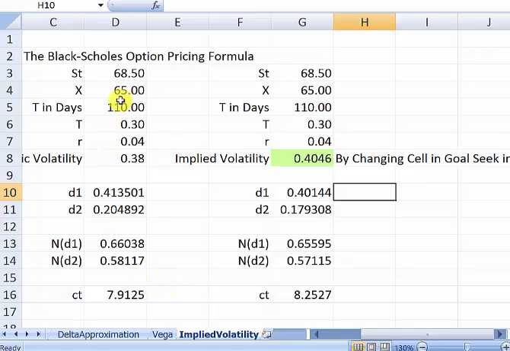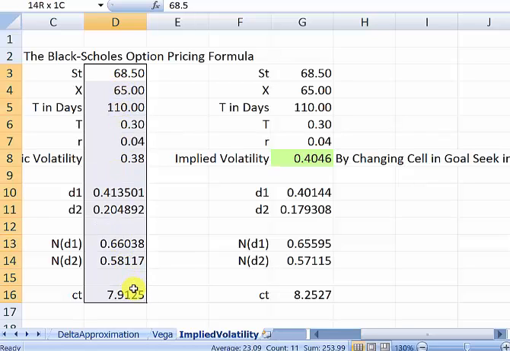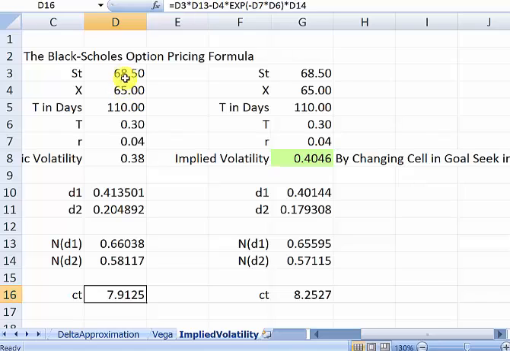Basically, I have two sets of Black-Scholes calculation. This is the same number as before. The underlying is $68.50 and $65 is the strike price. 110 days to expiration.